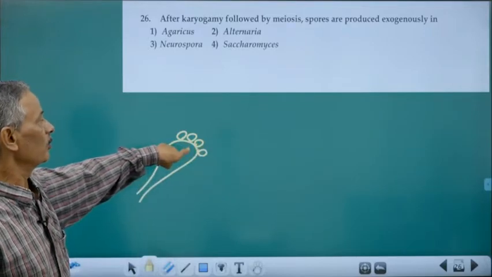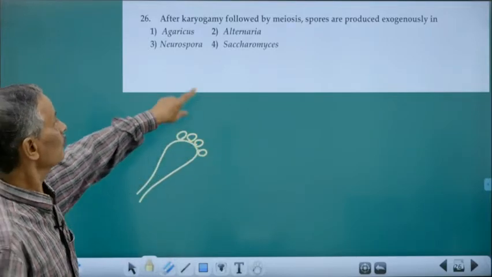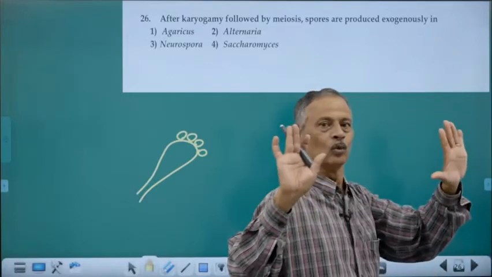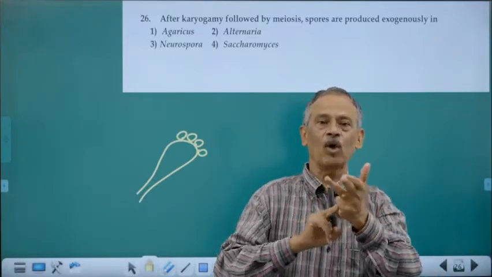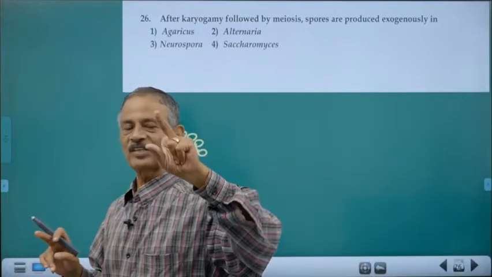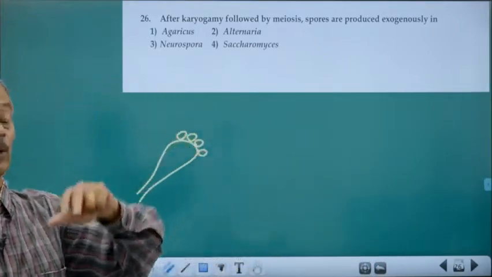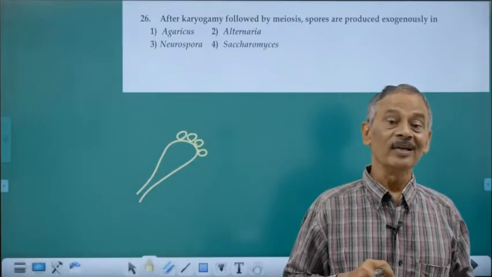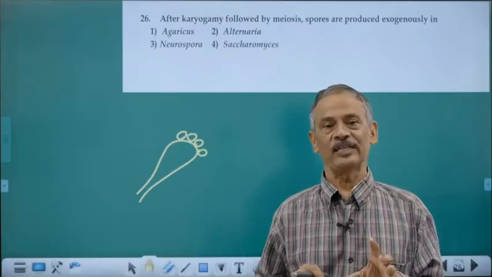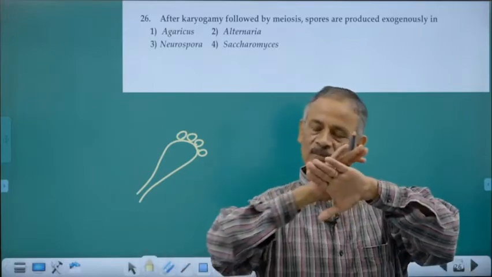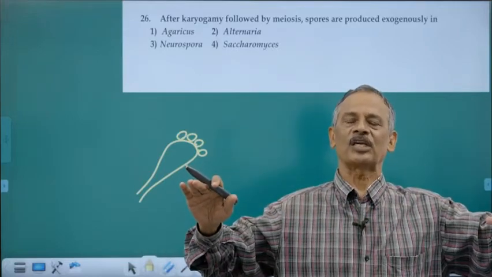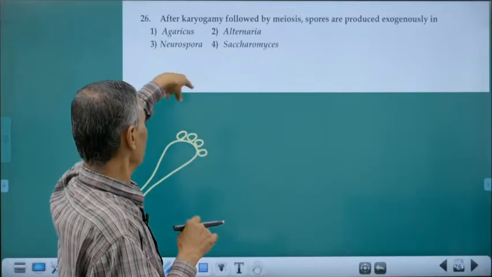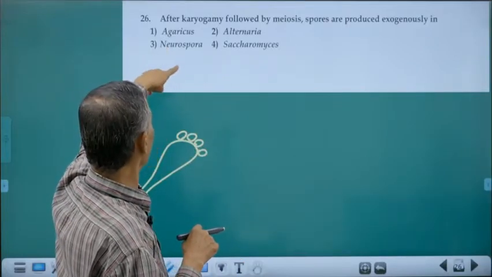These are the basidiospores. Produced exogenously, that is the clue. In phycomycetes and ascomycetes, sexual spores are produced inside sacs. That's why they are called endogenous. In deuteromycetes, there is no sexual reproduction. Sexual spores are completely absent. So they are produced exogenously only in basidiomycetes.